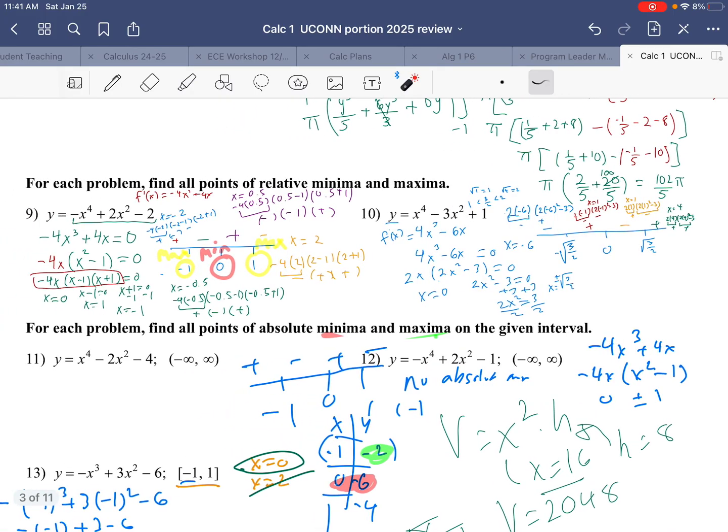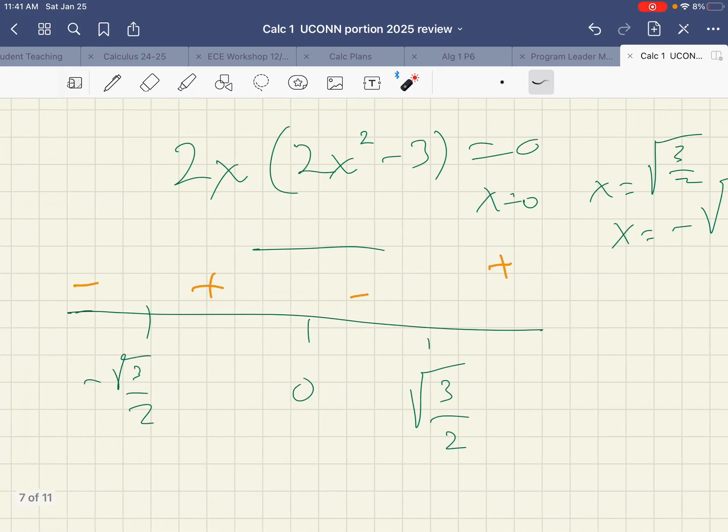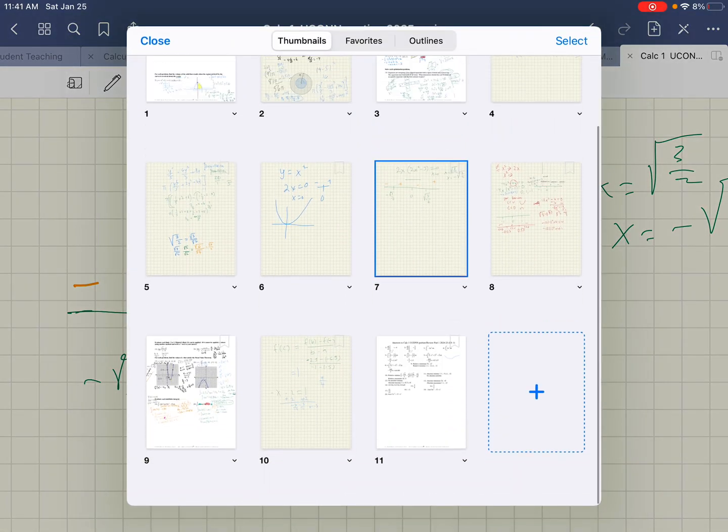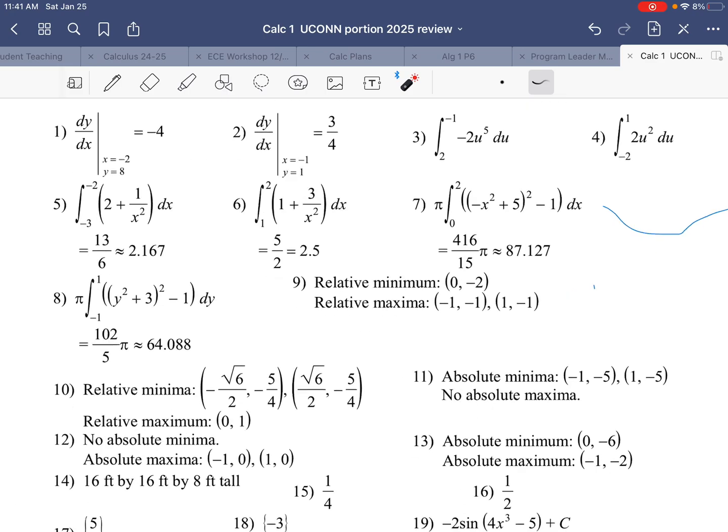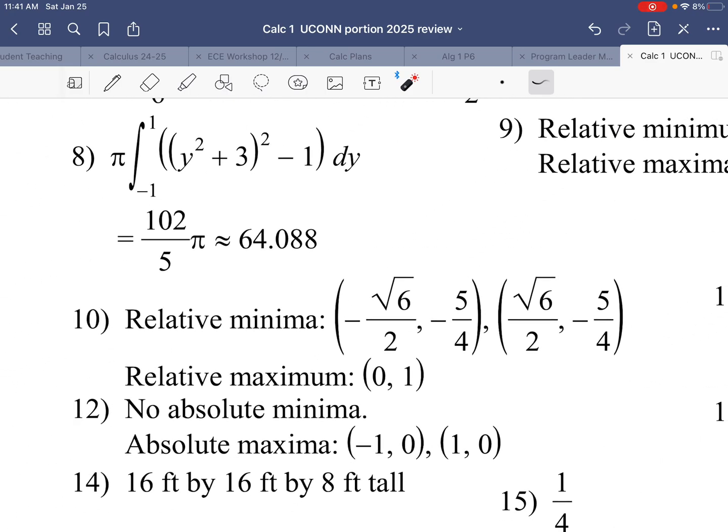And if you check on here for the answer key, let me jump to that page. For number, where was it? Oh yeah, for number 10, people were getting a little bit thrown off about the negative square root of 6 over 2. If we have the square root of 3 over 2 as an answer, I can write this like the square root of 3 over the square root of 2.